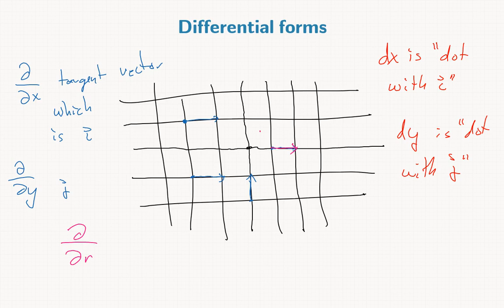But here it would be this vector. Here it would be this vector. Here it would be this vector. And then similarly, del by del theta would be this vector here, this vector here, this vector here, this vector here, this vector here, and so on.